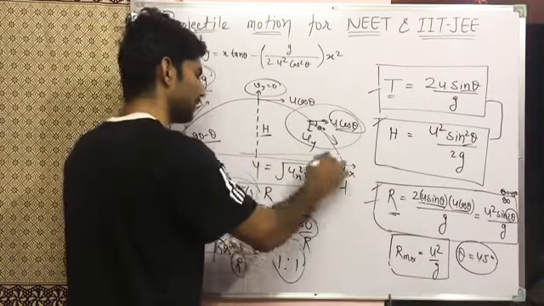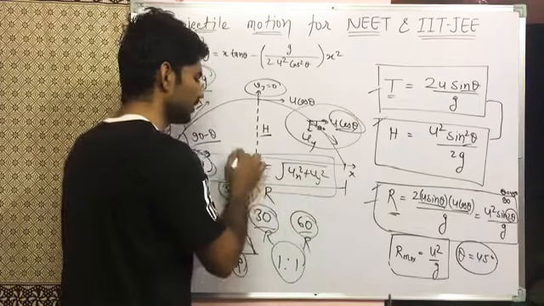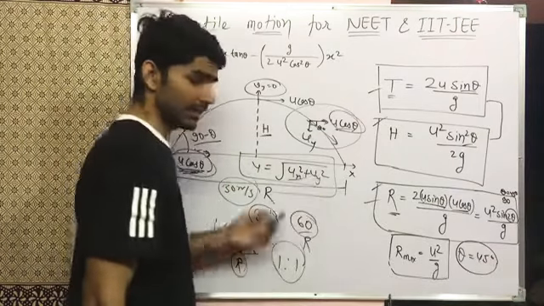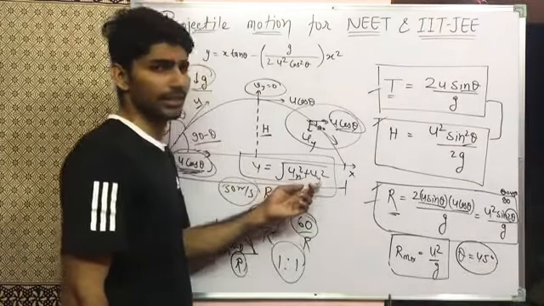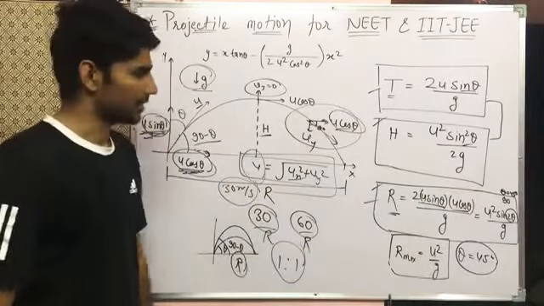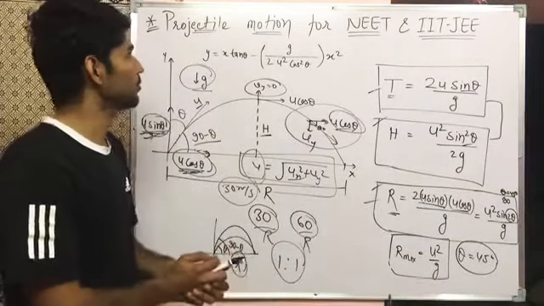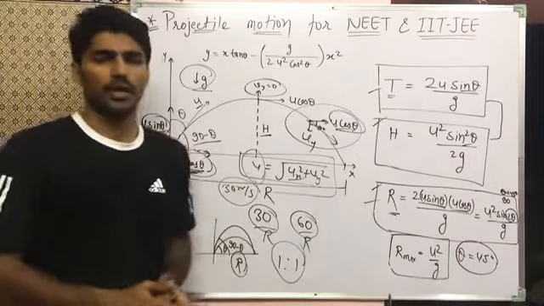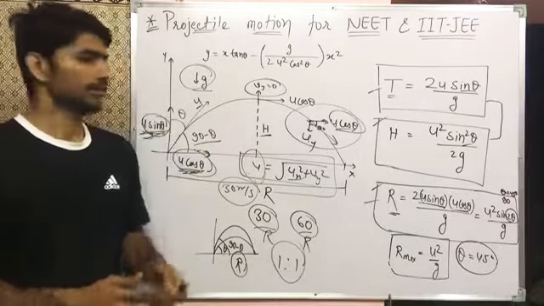This is the final velocity at any instant. So just get the velocity in the x, horizontal direction and the vertical direction, and get the final velocity at an instant. So here we wind up today's video for projectile motion, and till then, best of luck.